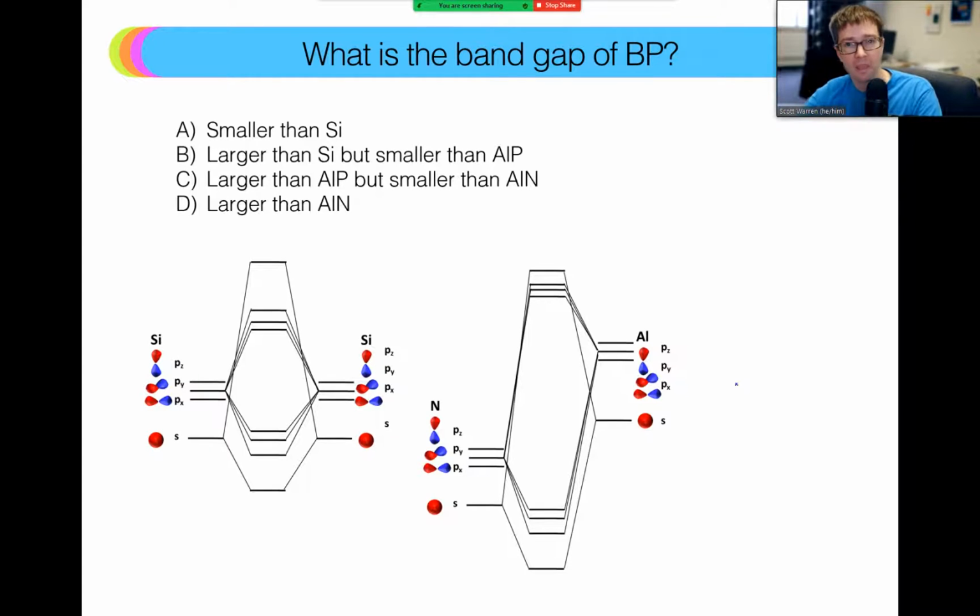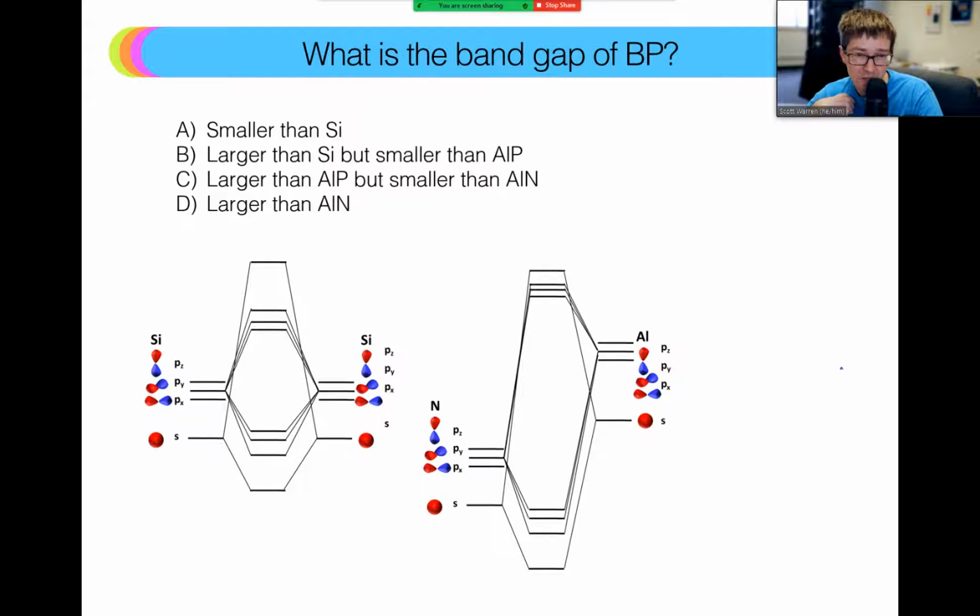Okay. So boron, is that going to be more electropositive or more electronegative than aluminum? We know that as we move up on the periodic table, the atoms become more electronegative. So boron is going to be more electronegative than aluminum.